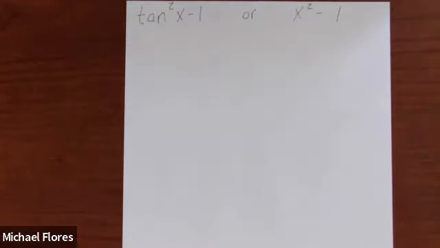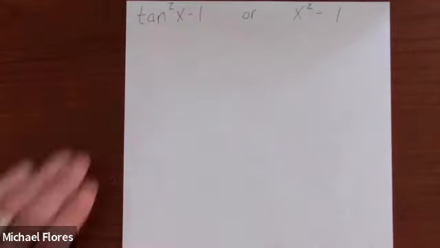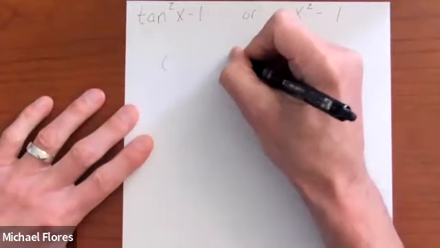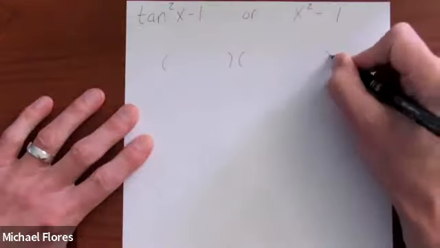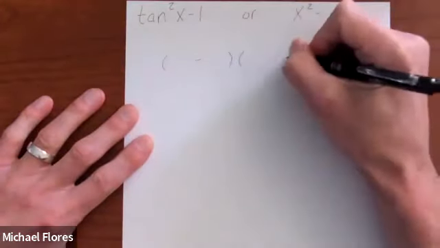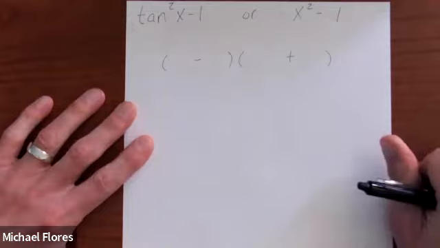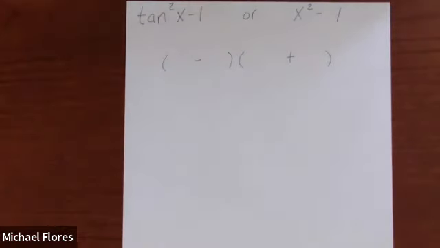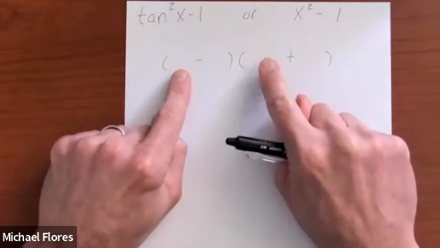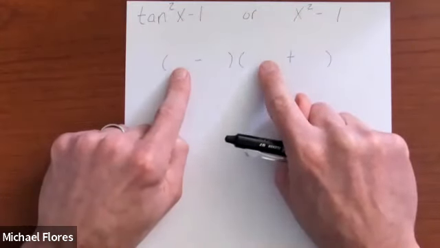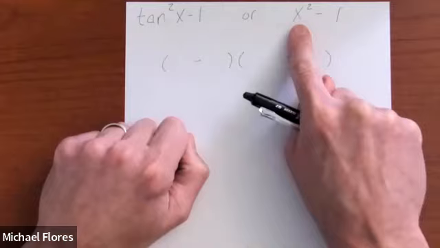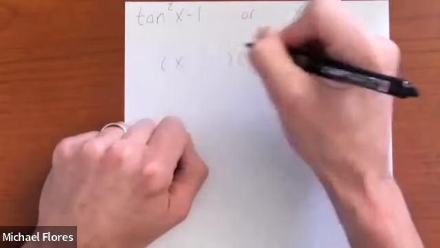Tangent squared of x minus 1, algebraically, it's the same thing as x squared minus 1. What we have is a difference of perfect squares. Two parentheses, different signs. In order to fill in these gaps right here, you take the square root of that term, which would be x.